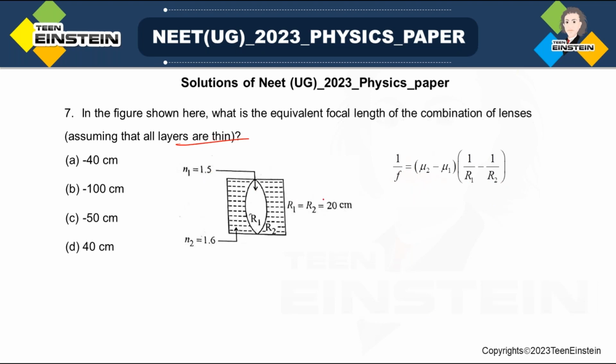And when that combination or lens itself is dipped into the liquid, see here 1 by f, that is the focal length, I'm just assuming, and this mu2 is the refractive index of the medium in which it is dipped.